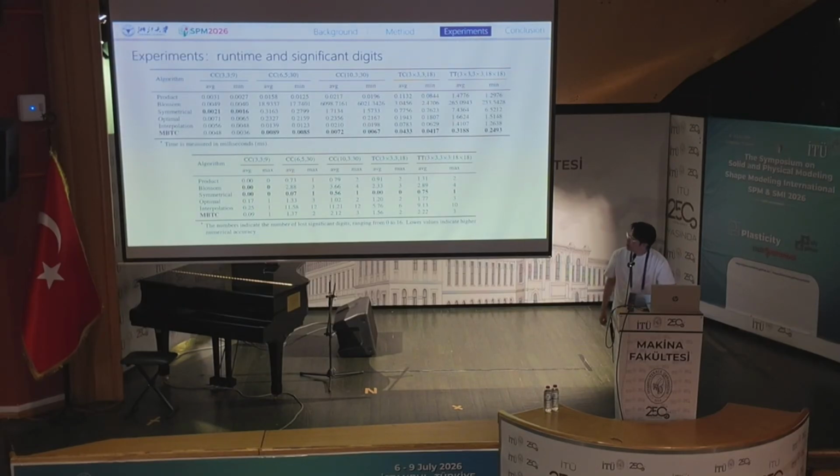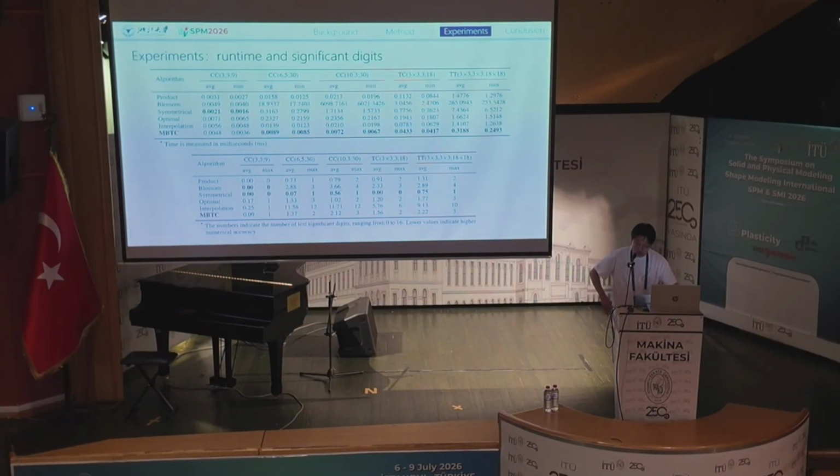This table shows the runtime and significant digits for several respective scenarios. Here, CC stands for curve on curve, and TC stands for curve on tensor product. TT means tensor product on tensor product.